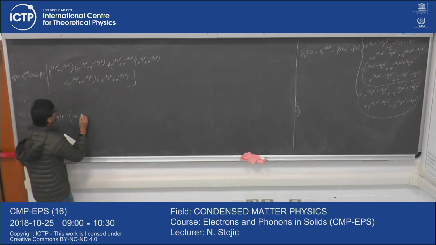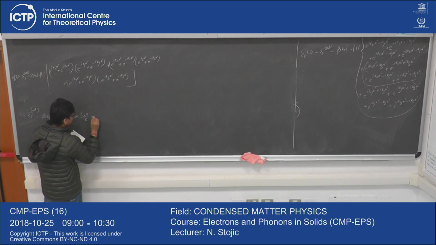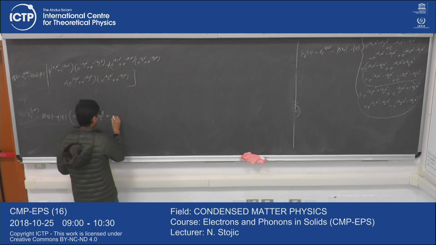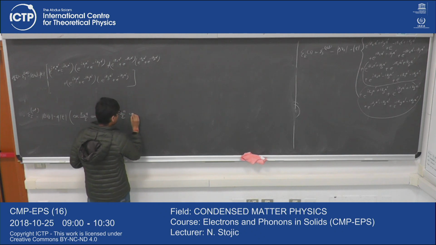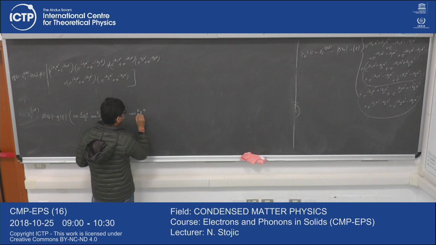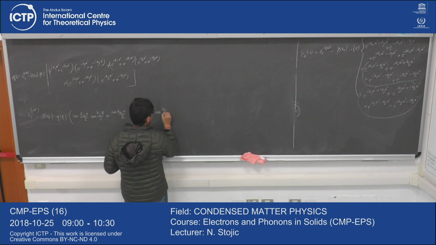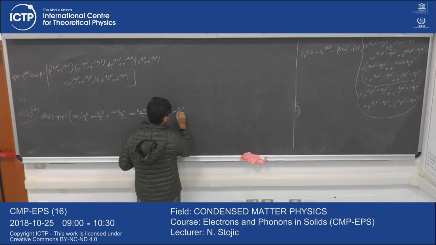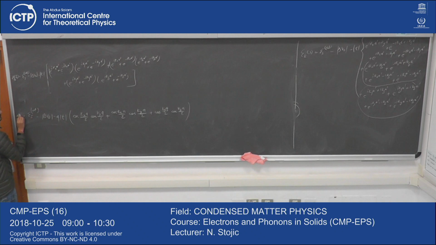It will be 4 cos kx a by 2 cos ky a by 2 plus this one, cos ky a by 2 cos kz a by 2, plus this one.